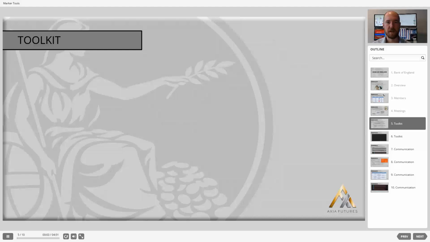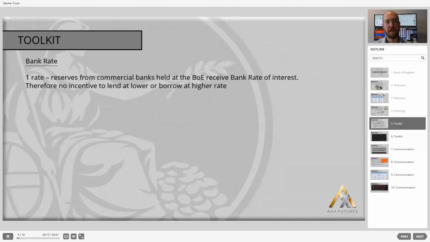Let's go and have a look at how the Bank of England can actually implement its policy, what tools it uses. Now, first up, you've got the most standard measure, which is standard across all monetary policy, and that's the bank rate.